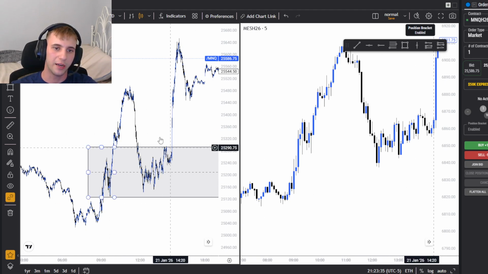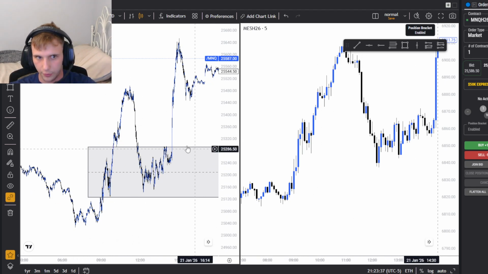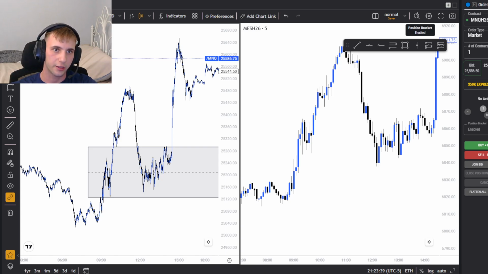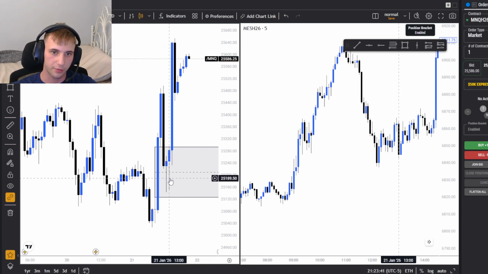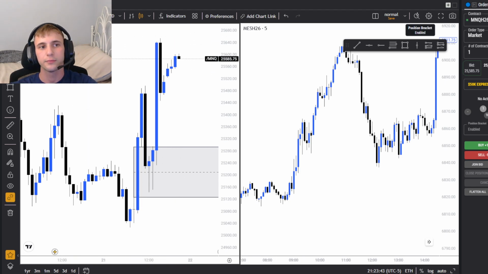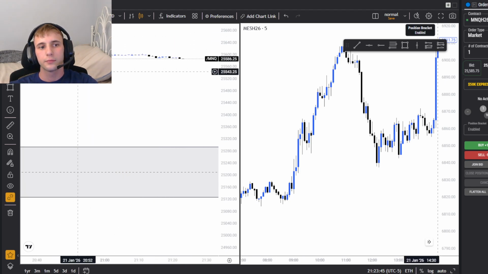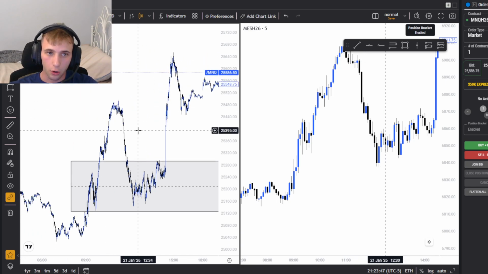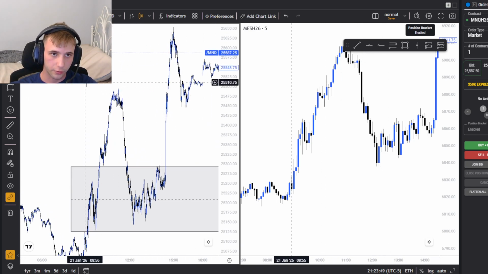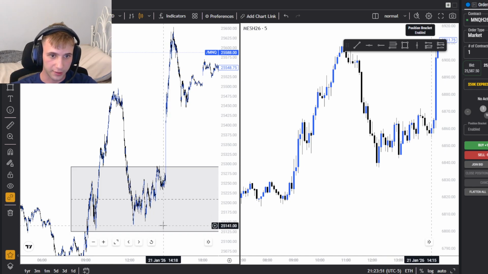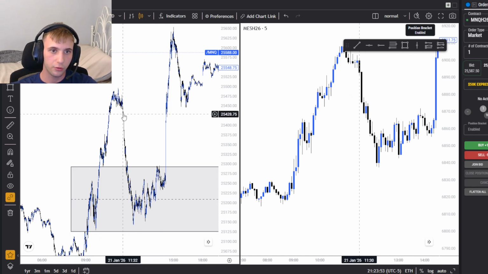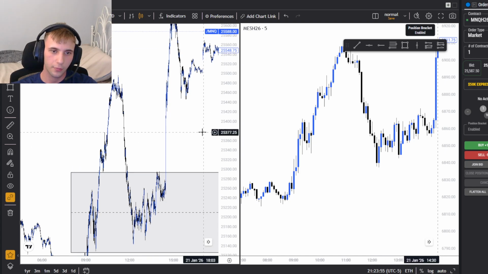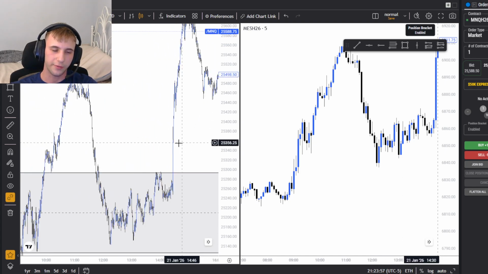We need to pick up more buyers over here. There's a very high likelihood that buyers are going to be within this range. But you're very certain that price is going to come down into this gap. So what you do is you take a short position. But here's where it gets a little iffy.